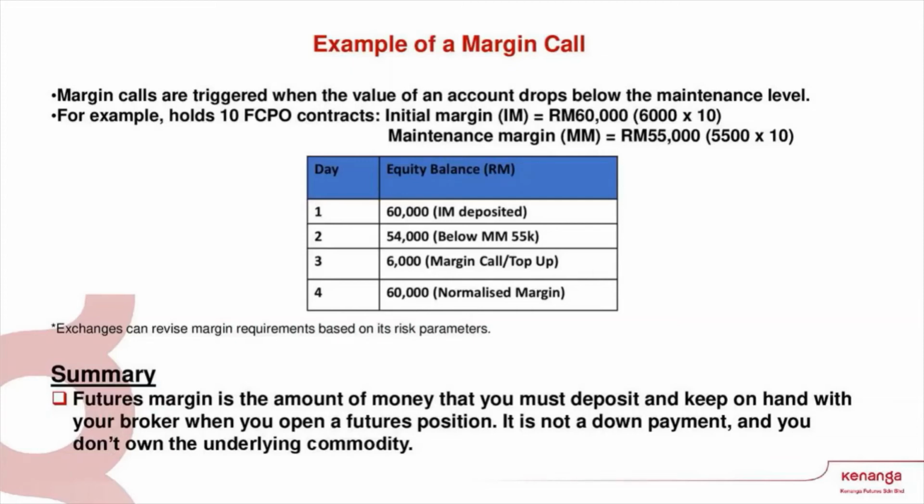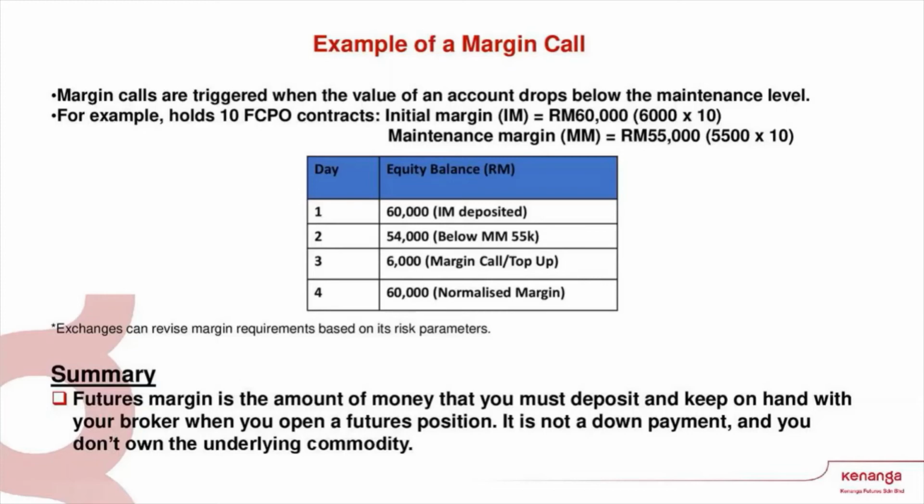On day two, the trader has made some losses in his account, and his resulting balance is 54,000, which is 1,000 short of the total maintenance margin of 55,000. In this instance, a margin call will be triggered, and the trader has to deposit 6,000 ringgit to bring it back up to the initial level of 60,000.